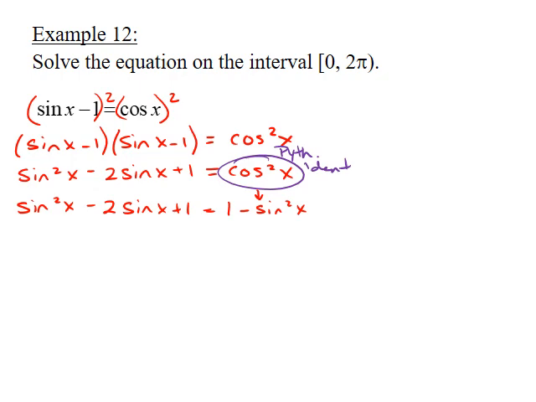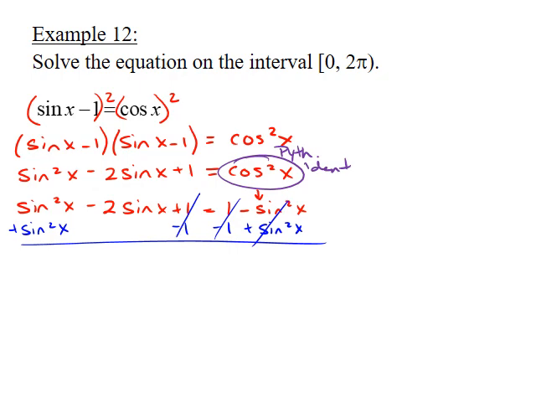Okay, now let's get one side equal to 0. So I will add sine squared and subtract 1. So I get 2 sine squared of x minus 2 sine of x is equal to 0.